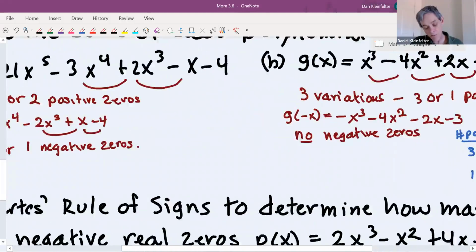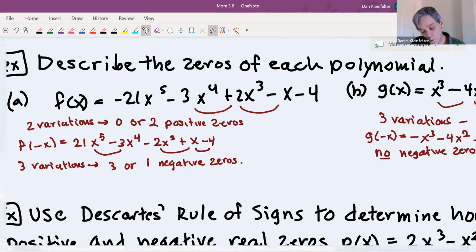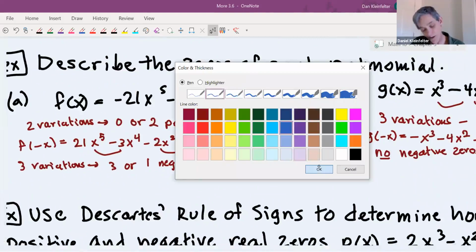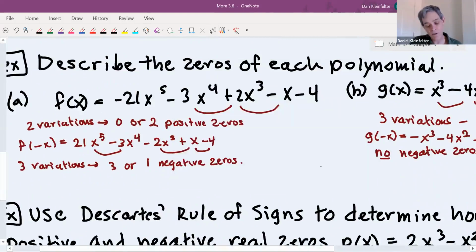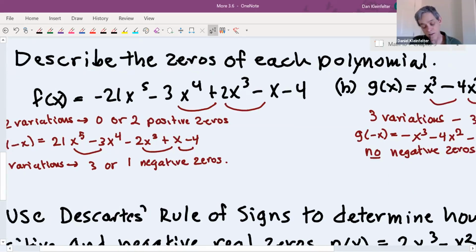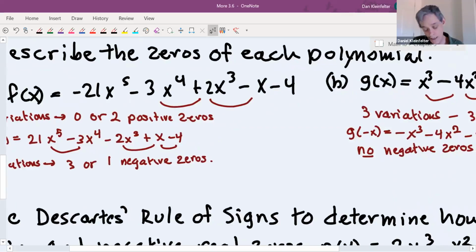For the preceding one that we did, the degree is 5, so there will be 5 zeros. Here there's a bunch of different possibilities. For positive zeros, it could be either 0 or 2. For negative zeros, 3 or 1. To think about what's possible incorporating complex zeros, maybe we can make a tree diagram.